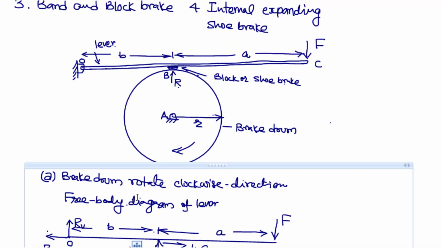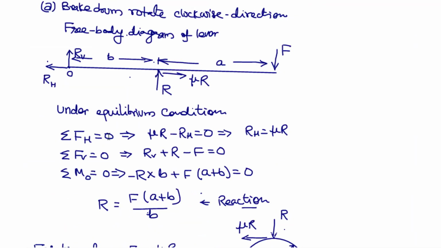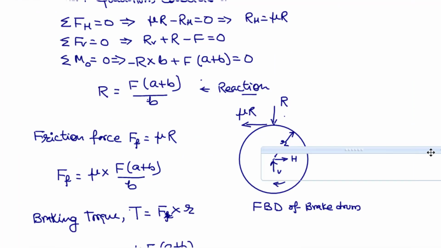In this case, if the brake drum rotates in the anti-clockwise direction, then the direction of mu R will be in this direction, and at the brake drum the direction of friction force, this is mu R, when it rotates clockwise direction.